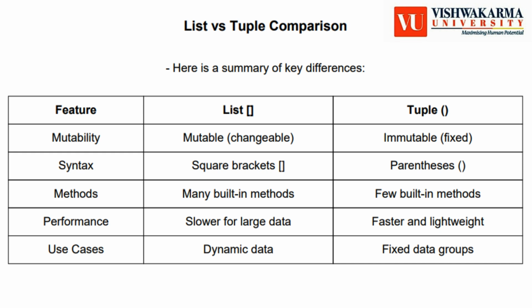The last is use cases: list is for dynamic data, and tuple is for fixed data groups. So this is how we have seen what a tuple and a list are, and their difference. You will get better information and can easily tell what is a list and what is a tuple with this table.